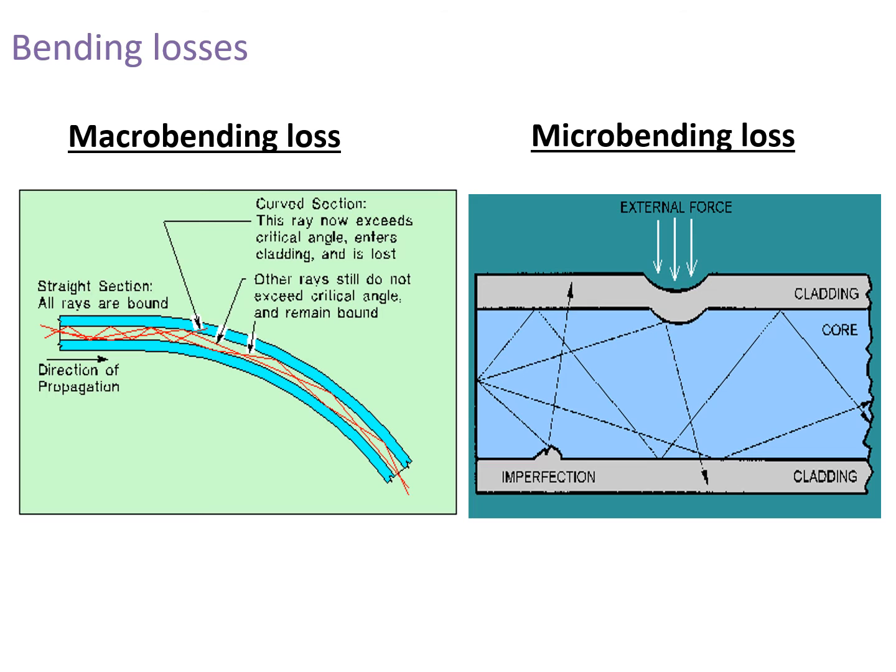Micro bending loss can happen when an external force is applied on the fiber cable. This external force can introduce imperfections to the fiber core. Therefore, some of the light in the core will escape to the cladding and be lost.